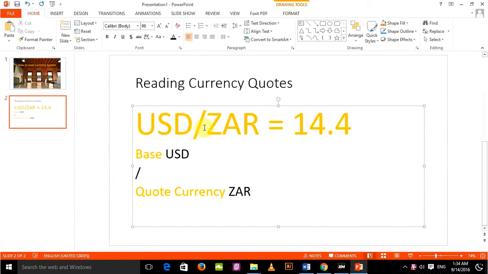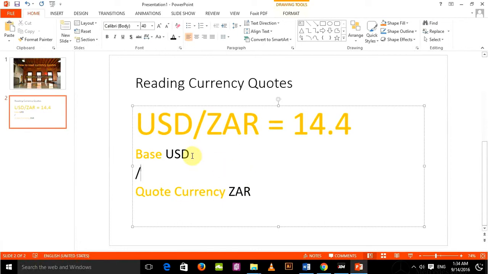Sometimes it may not have a slash, it may be presented in this form, but what it means essentially is that you've got your base currency, and that is your US dollar, and secondly you've got your quote currency, which is your ZAR. What the quote means is that you are giving me a quote for the base currency.